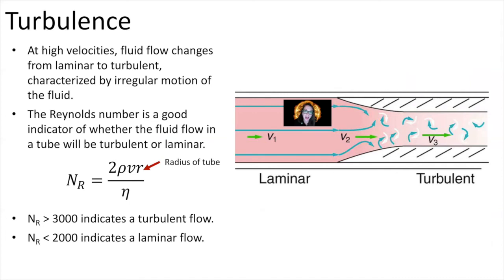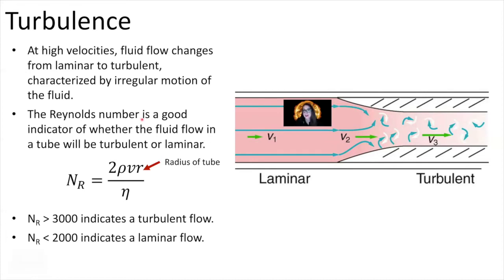So let's take our non-ideal fluid a little bit further and talk about what happens when you have fluids that are turbulent. At high velocities, fluid flows change from laminar to turbulent flows. The turbulent flow is characterized by irregular motion of the fluid, not these nice, beautiful streamlines, but things start spinning around.